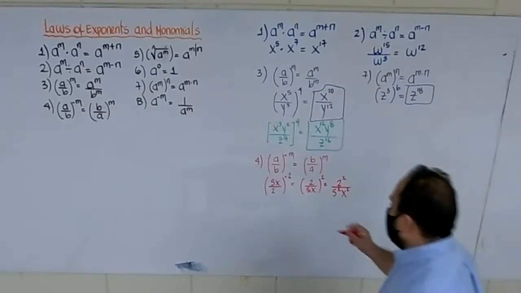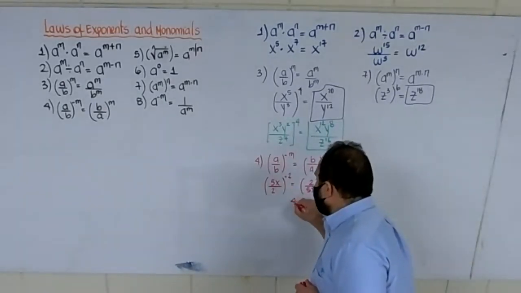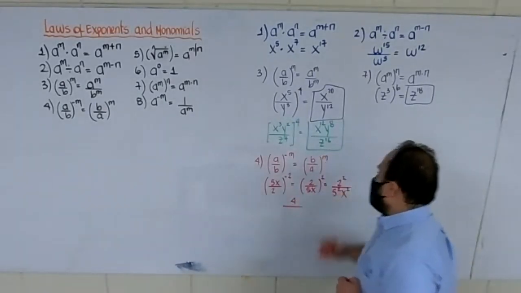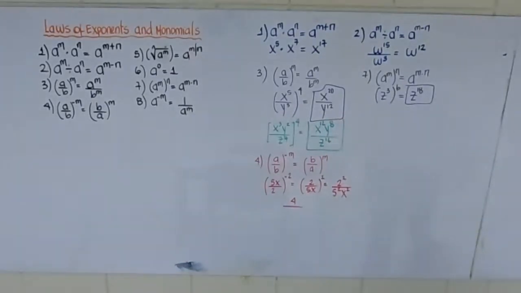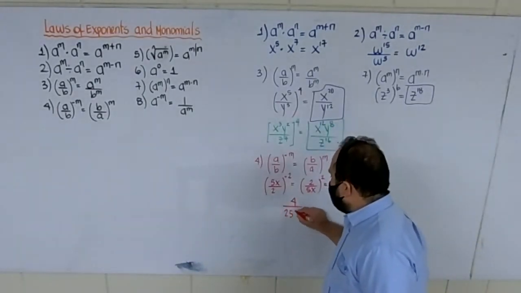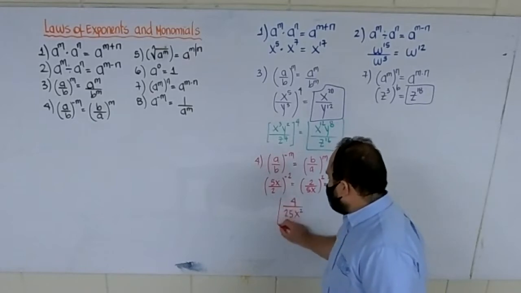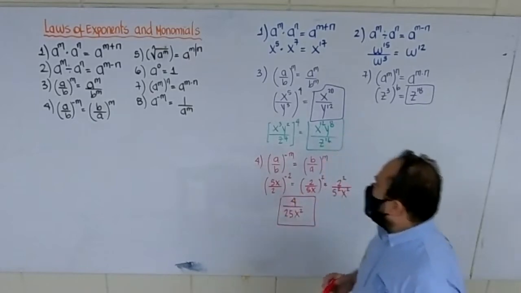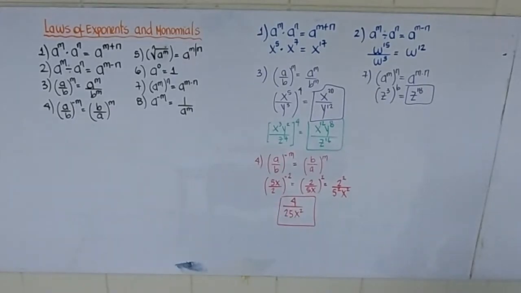Perfect. 4 over 5 to the second power, 25. 4 over 25 what? X squared. And this is going to be the solution set of this rule.